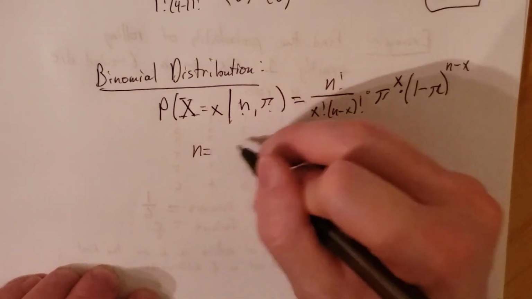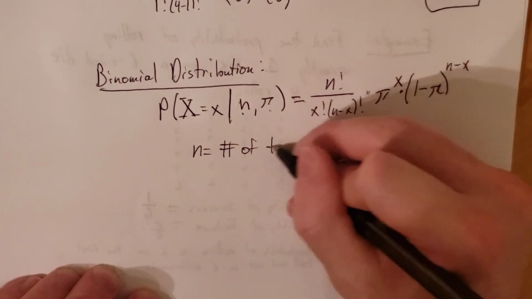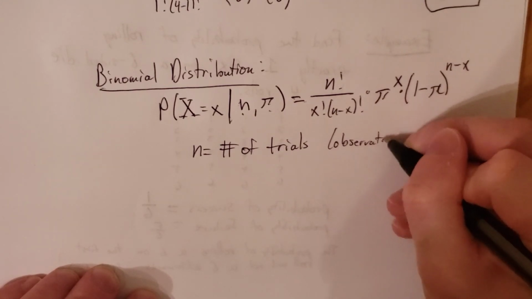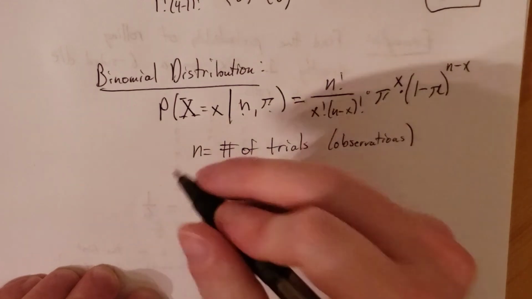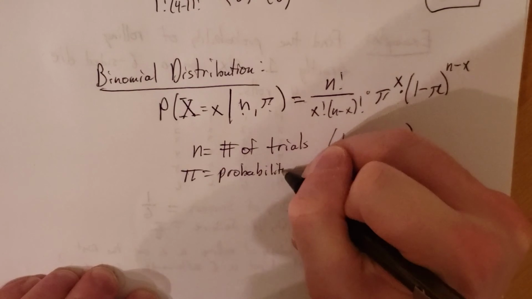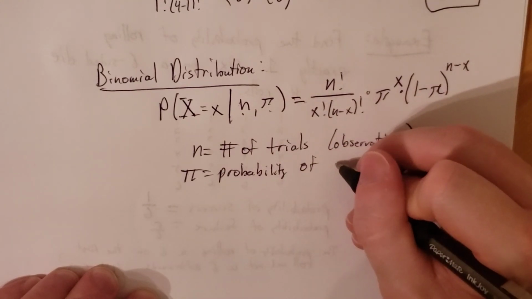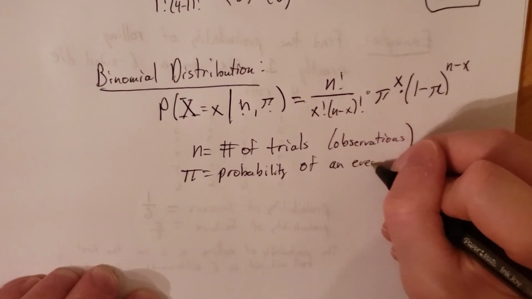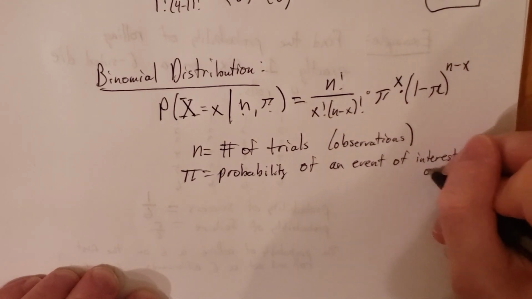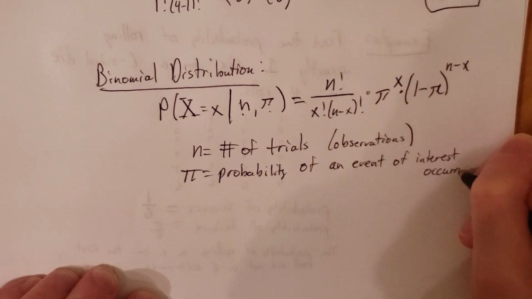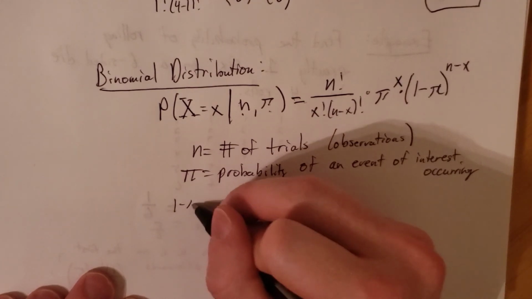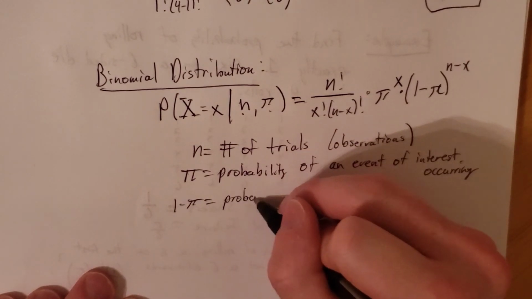Again, what is n? n is the number of observations, or number of trials. Whichever word you prefer there. pi is the probability of success, or a probability of an event of interest occurring. 1 minus pi is the probability of failure.